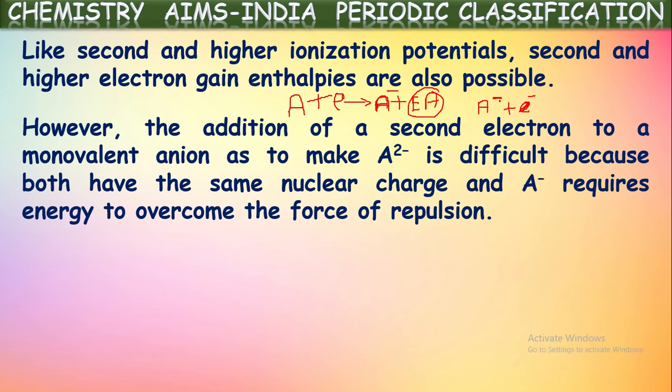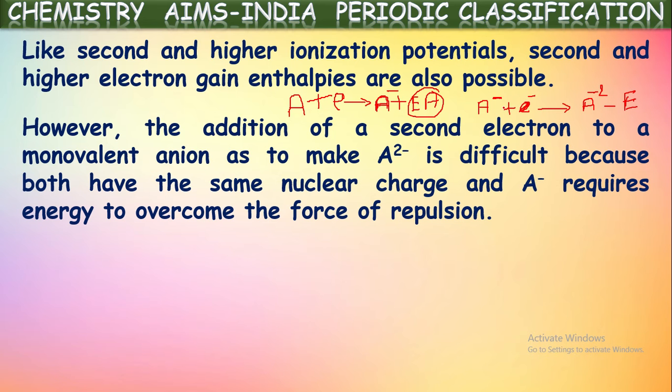Then more repulsions occur. Then instead of releasing energy, this A minus ion requires an amount of energy. So to overcome these repulsions between the incoming electron and already existing electrons, we say second and higher electron affinities require energy.